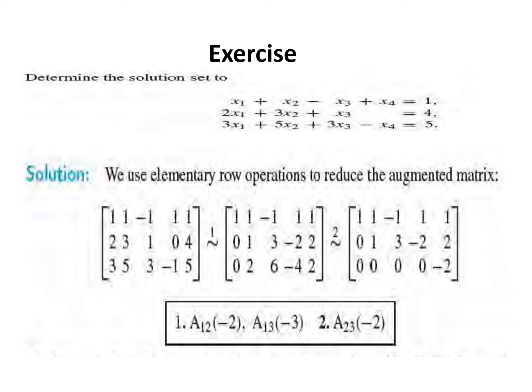So first we write the matrix in augmented matrix form. That augmented matrix is 1 1 minus 1 1 1, 2 3 1 0 4, 3 5 3 minus 1 5. Now this matrix is in augmented matrix form.